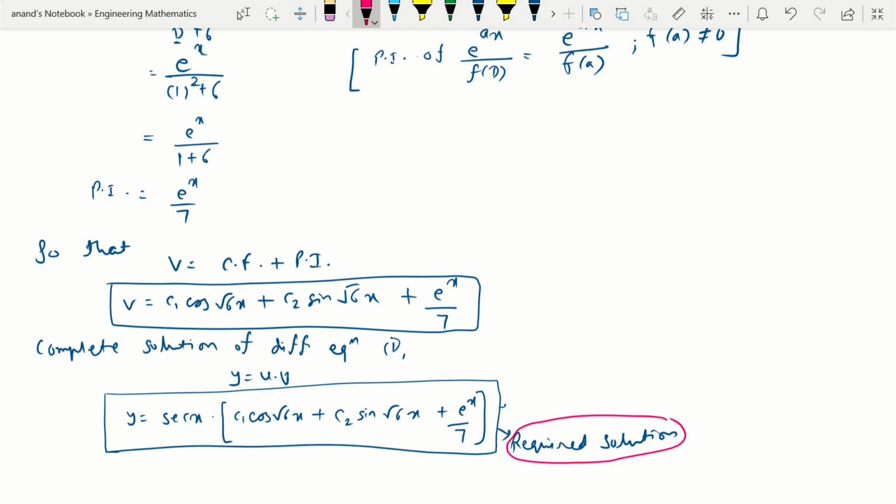In the next lesson, we will learn about the next method of solution of second order differential equations with variable coefficients, and that method will be by changing the independent variable.